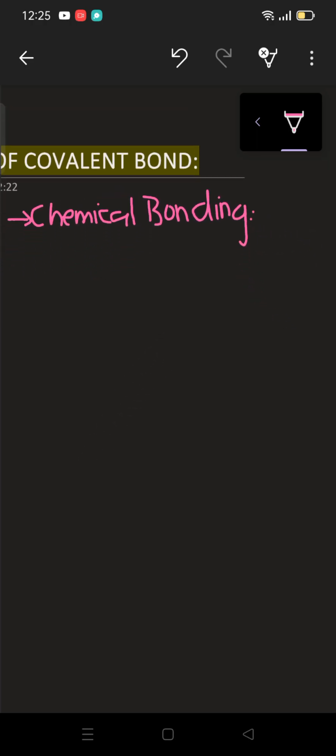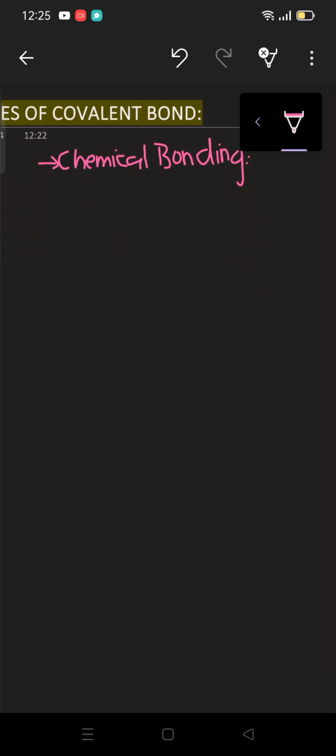So let's discuss what chemical bonding is, as this chapter is very important, right? Chemical bonding. See, chemical bonding is sometimes a force between the two atoms, right?